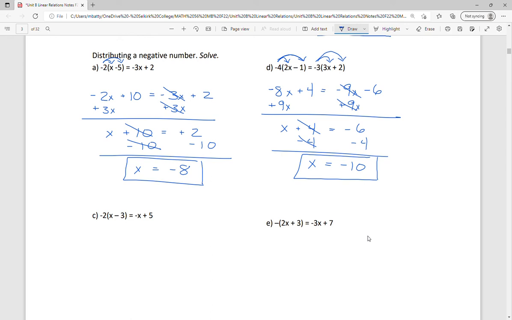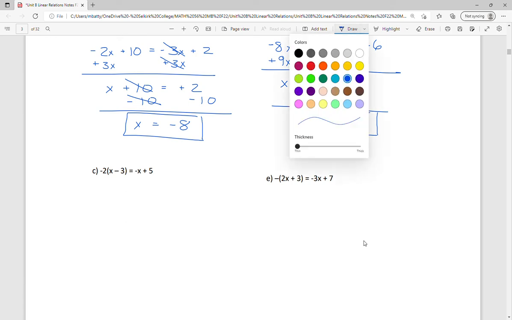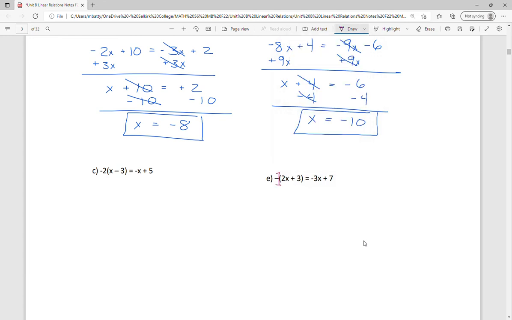I'm going to go a little bit out of the regular here. I'm going to do E first because I know that C has something of a wrinkle in it. So E also does. What you can imagine here is an invisible 1 sticking out the front. So what we have is negative 1 times 2x, so negative 2x, and negative 1 times a positive 3, so negative 3.